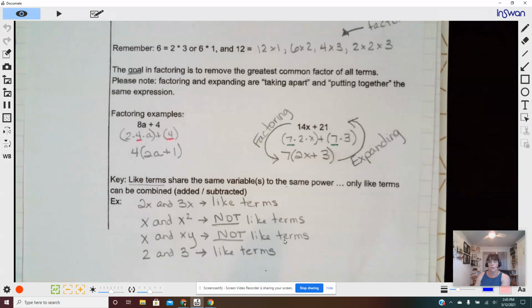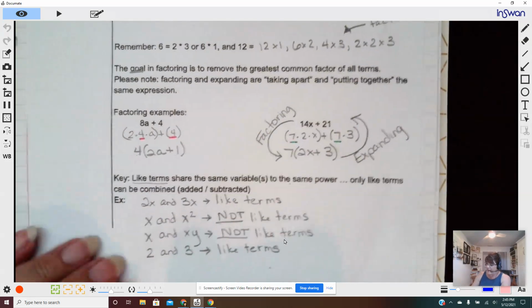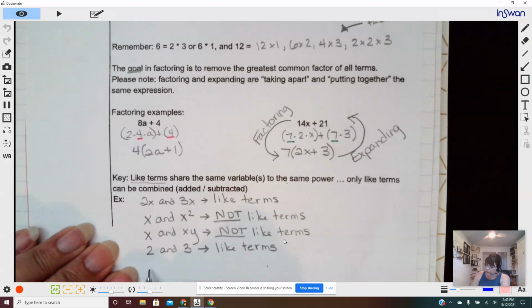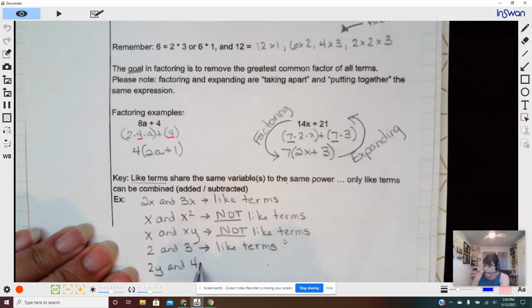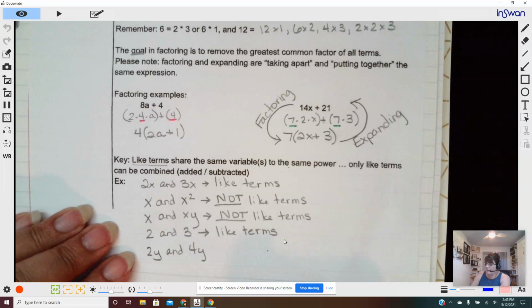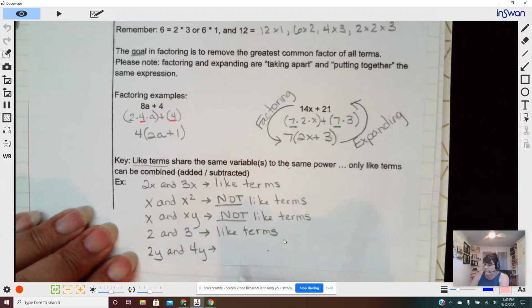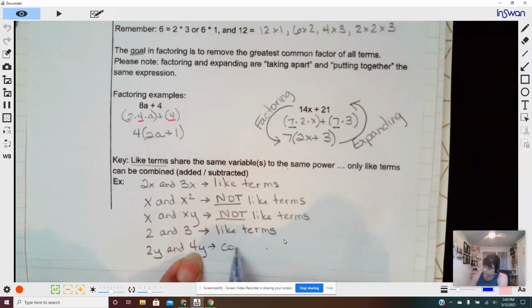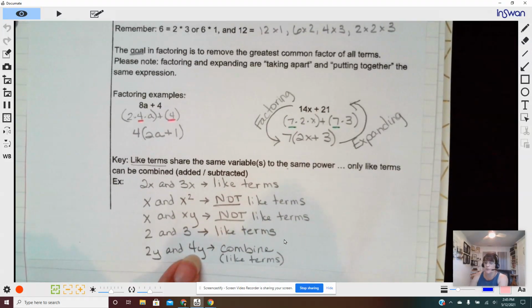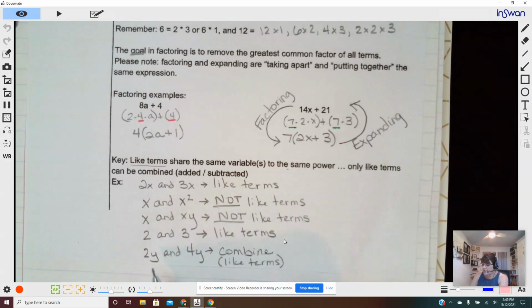Okay, I want to show you one more thing. If I have like terms, 2y and 4y, they can be combined. Because they're like terms. If they're not like terms, you can't combine them. It doesn't work. Okay? So think about this.